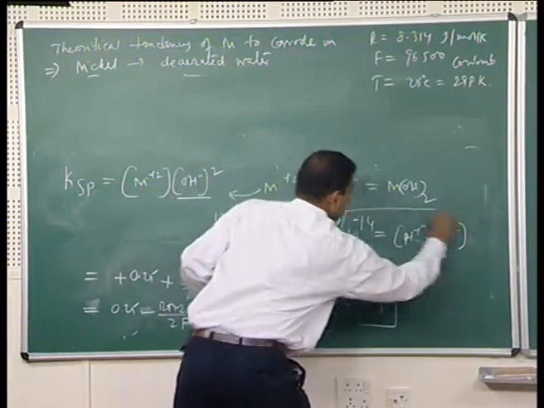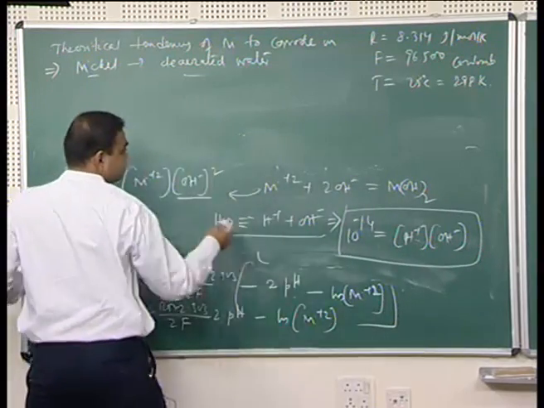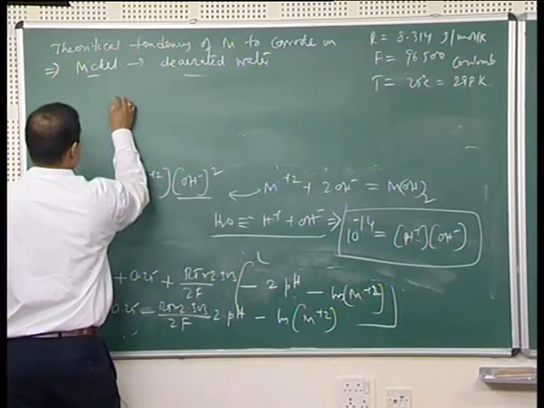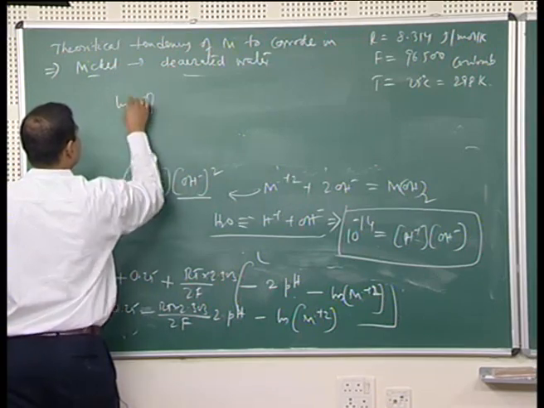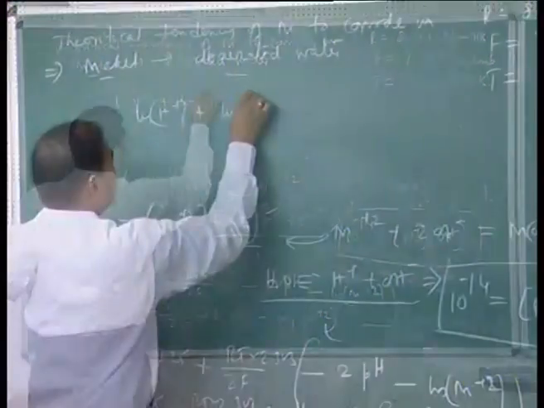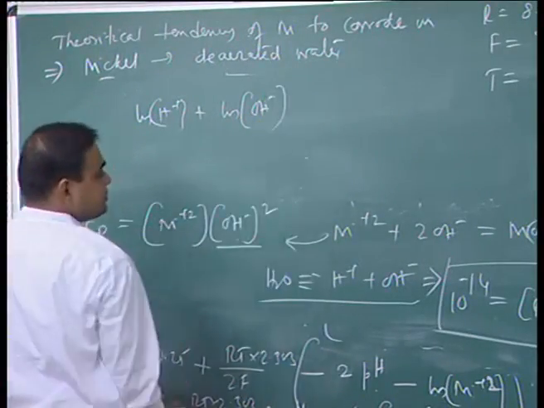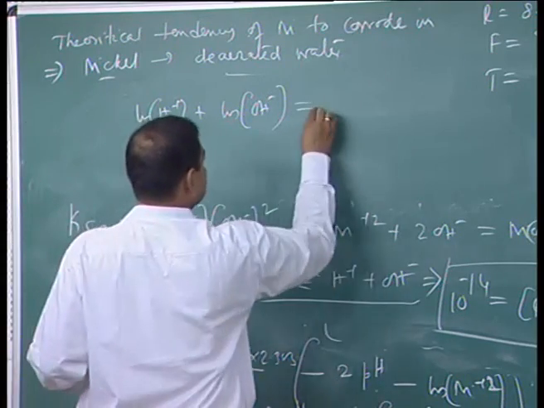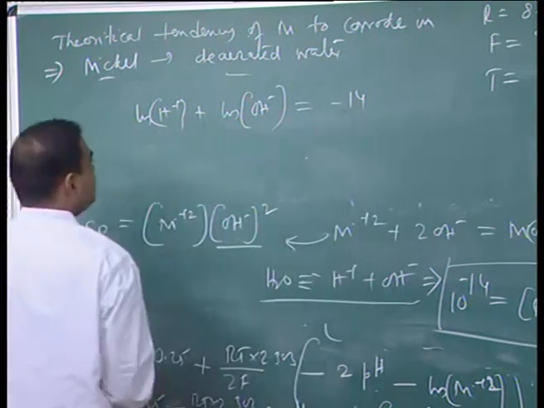From this, log of H plus plus log of OH minus equals minus 14.